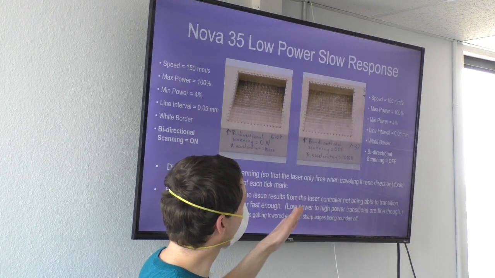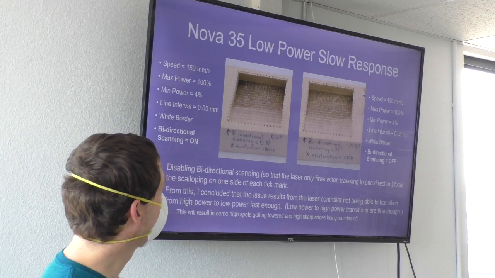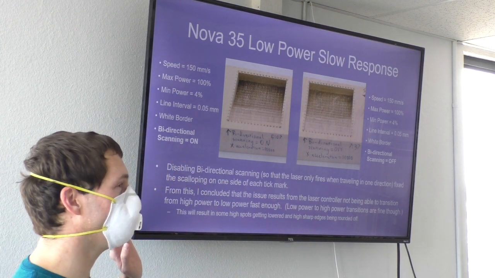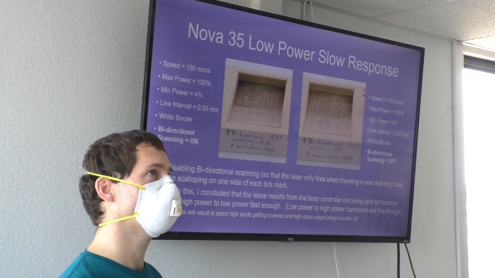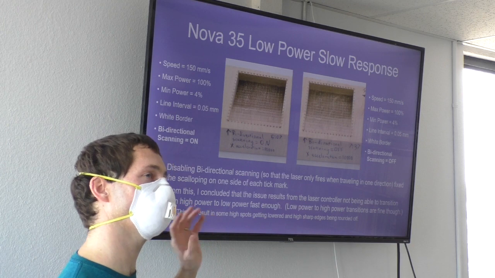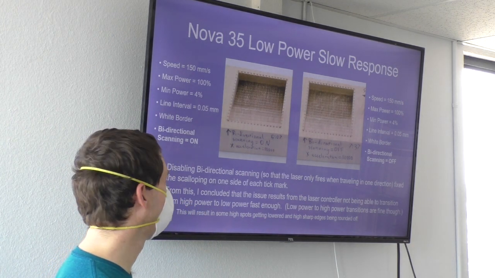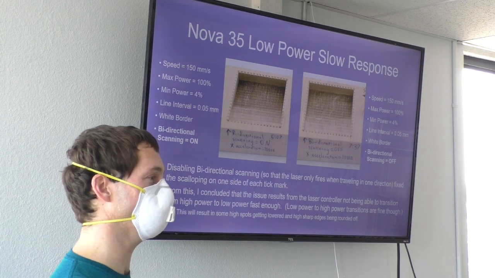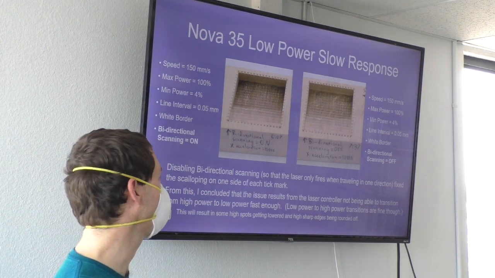But when you go from dark to light, you get this kind of sweep that comes up. So the end result was if you use the 4% min power, your geometry is going to get rounded off in the high spots, more or less. And I don't know any way around that besides picking a higher min power level.